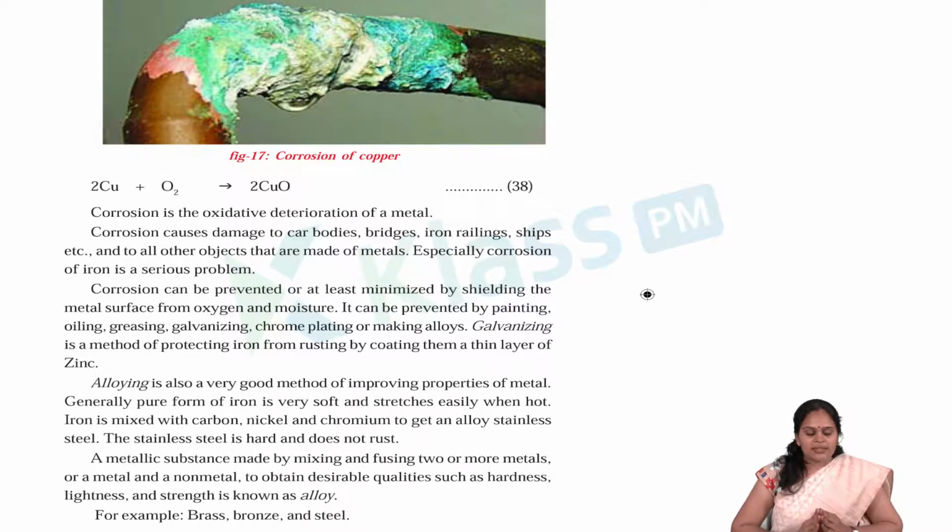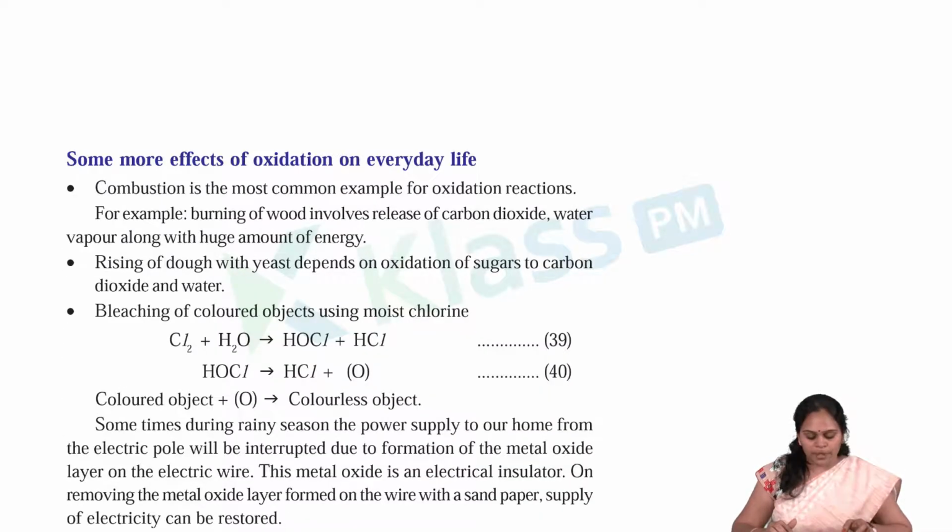So how do we form stainless steel? Iron mixed with carbon, nickel and chromium. A metallic substance made by mixing and fusing two or more metals, or a metal and a non-metal, to obtain desirable qualities such as hardness, lightness and strength is known as an alloy. What do you mean by alloy?